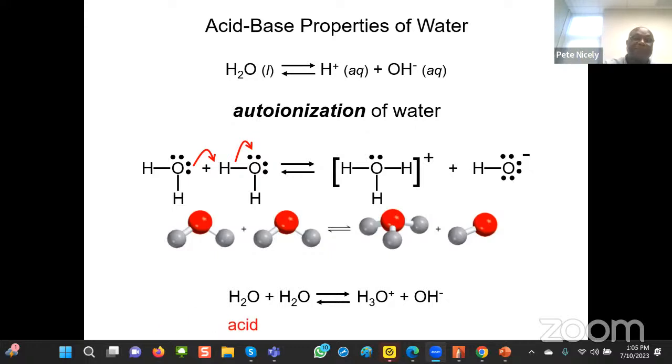Okay, so in this particular case, one of the water molecules will act as an acid, and the other water molecule will act as a base, and you're going to end up with the hydronium ion being the conjugate acid of the base here, and the hydroxide ion will be the conjugate base of the acid over here, all right?